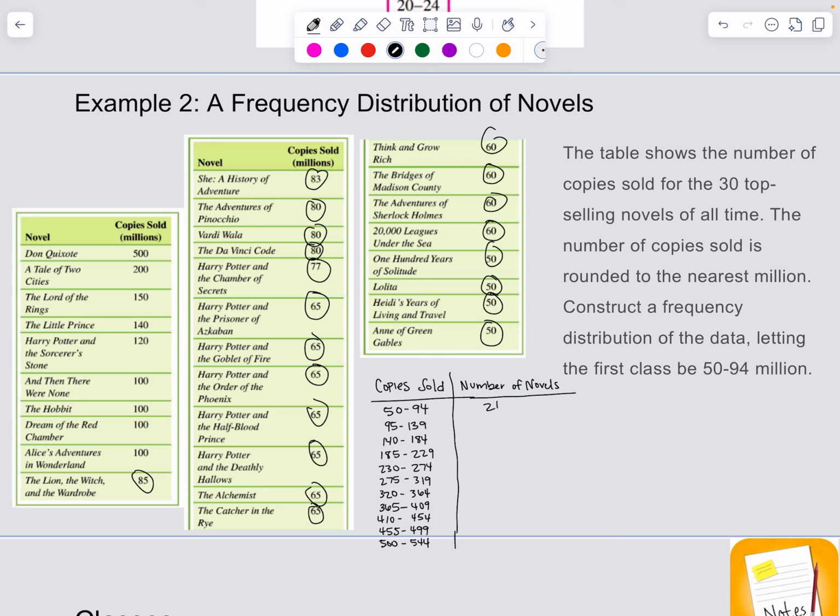And we keep doing 95 to 139, there's 5, 2, 1, and then there's a big gap all the way to 500. So we've got 0, 0, 0, 0, 0, 0, and then one of them falls in there. And that will be our frequency distribution with the classes.